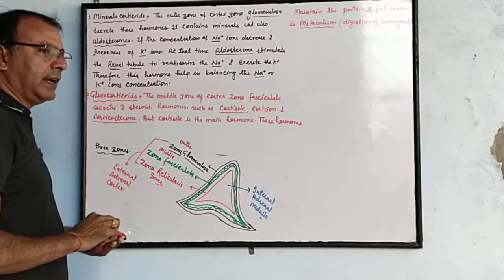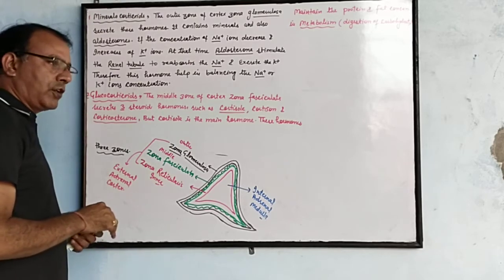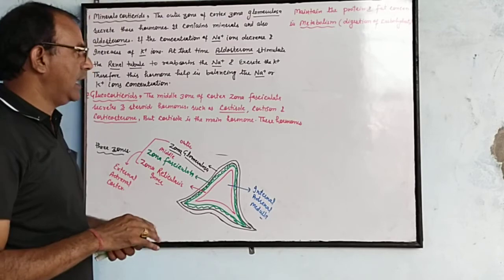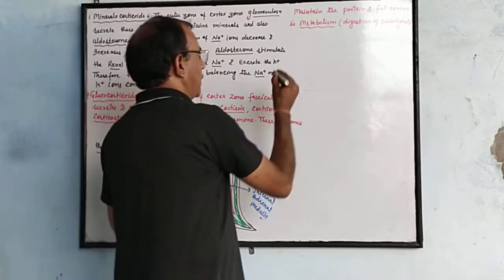This is the second type of corticoid, and the third type of corticoid is sexocorticoids, also known as gonadocorticoids.